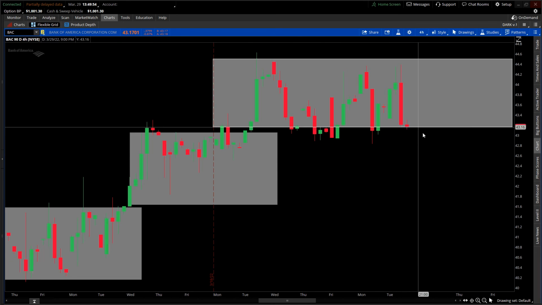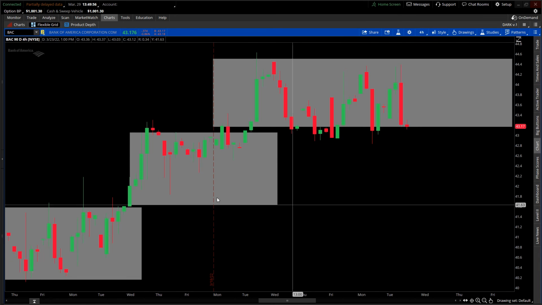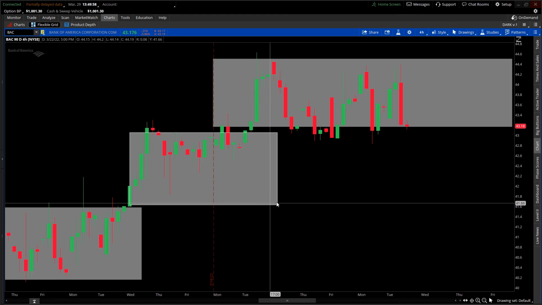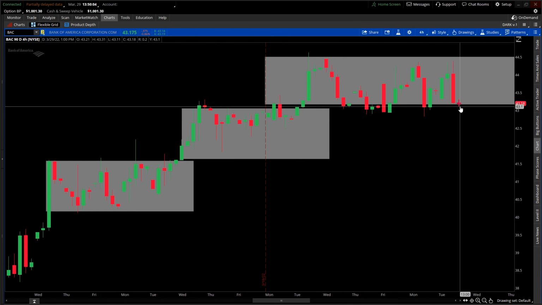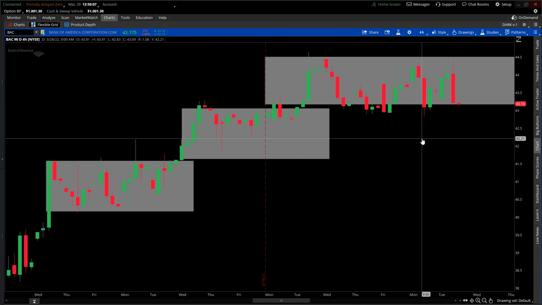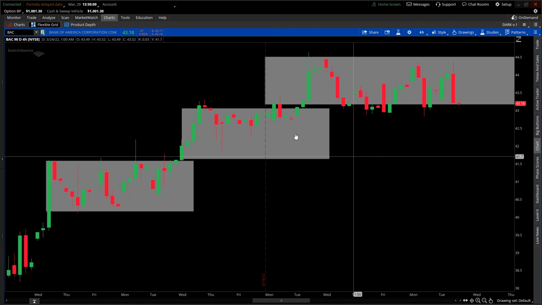So that's why I'm anticipating a pullback, maybe back down towards this level down here at around $41.50. So that was the thesis for my short position for the put contracts.